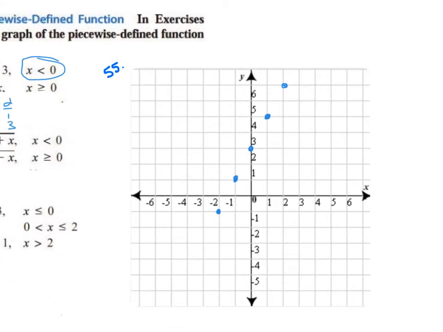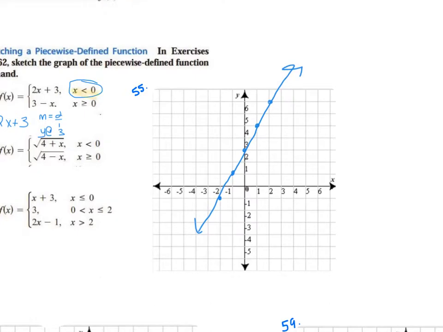Now, if I were to draw my whole line, pretend it's perfect, just like me. Just kidding. We have this beautiful line. But what is the parameter? What did our lovely book people tell us? The only values that we care about here are where x is less than 0.